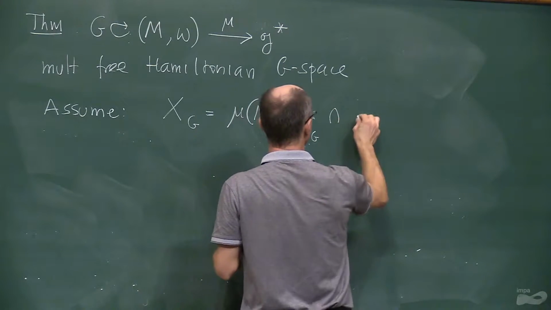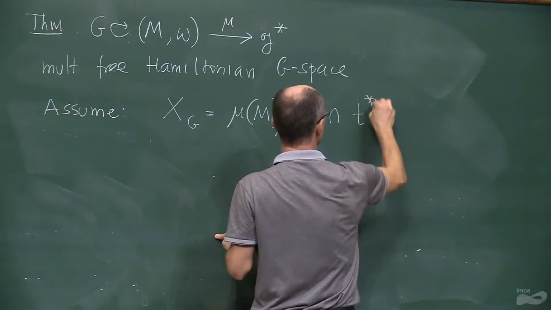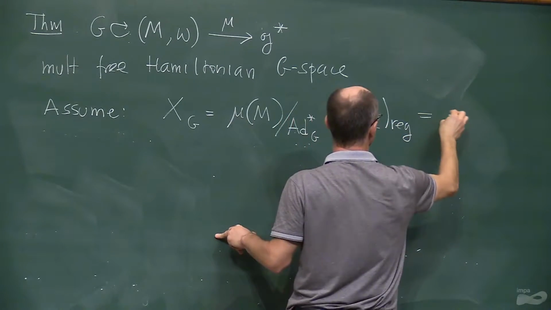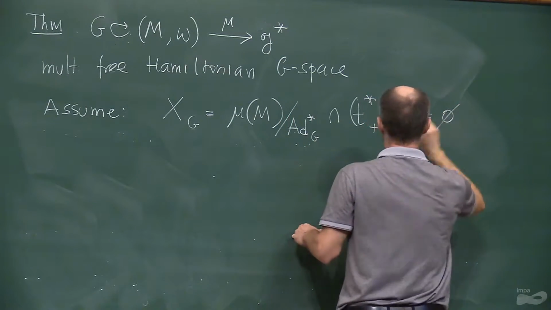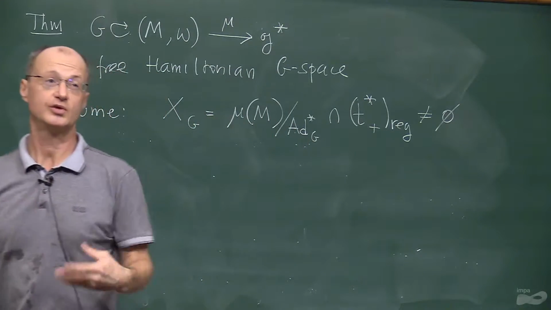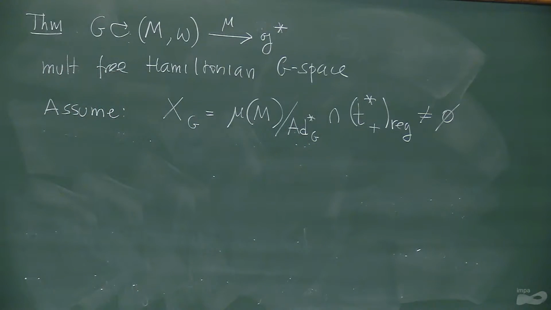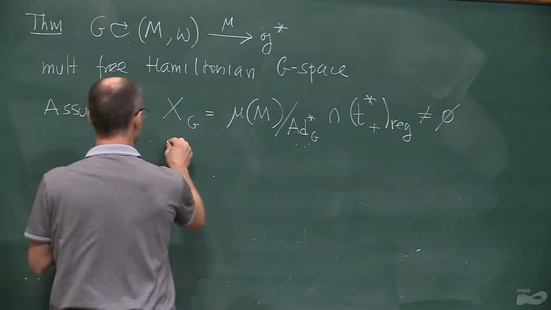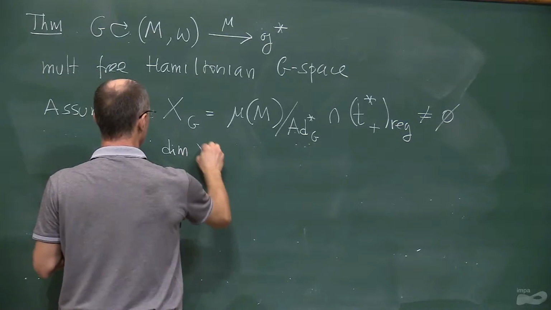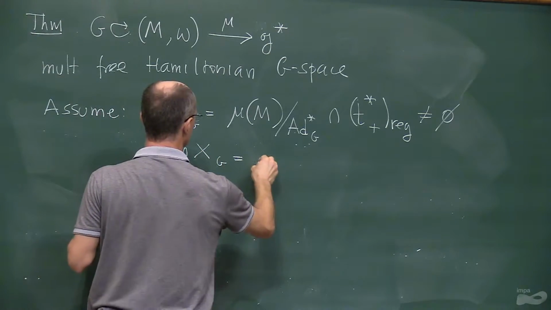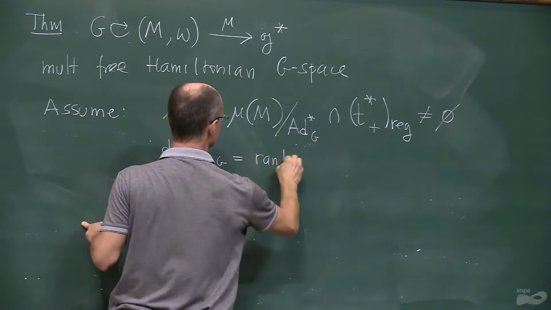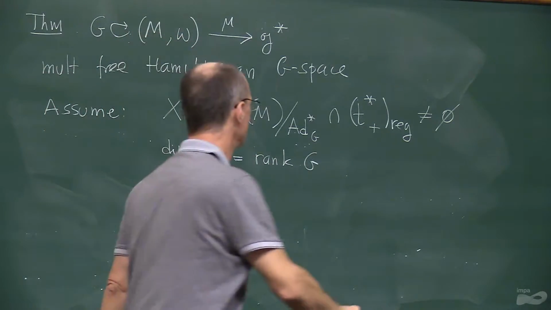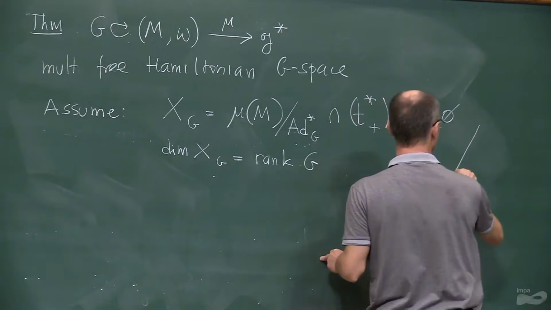And let me intersect it with the interior of the Weyl chamber. And let me assume that this is non-empty. So you have some regular points in the image. And let's assume that the dimension of X_G is equal to the rank of g.